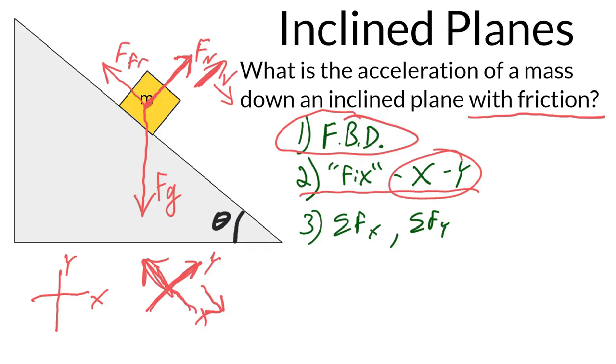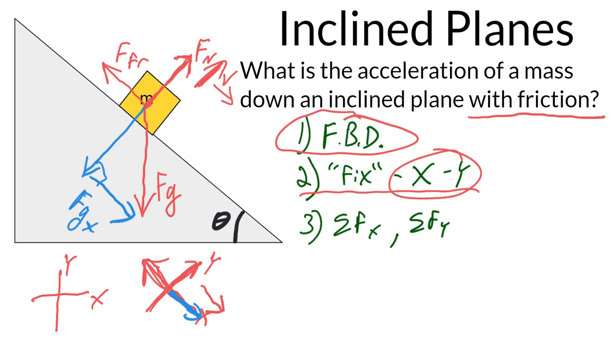When you look at this picture here, we're going to go ahead and draw two components that are now in our new coordinate system. So here's our perpendicular. We have one component we'll call FG in the X direction. So that's going to be in this new X direction here.